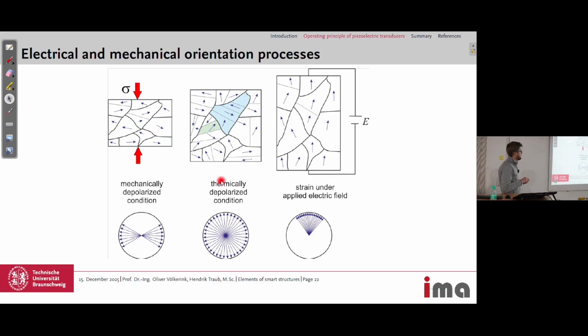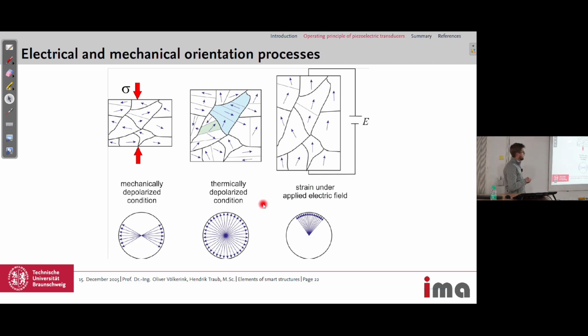If we have a thermally depolarized condition, then we have this random distribution again, and we could polarize it again when we apply an electric field again.